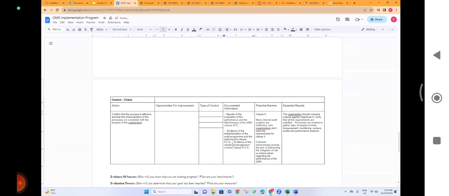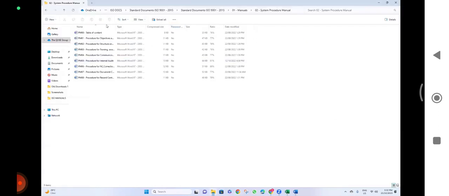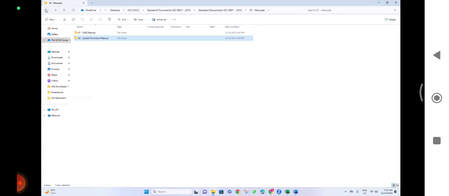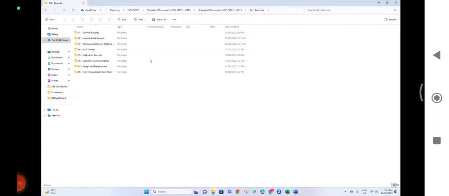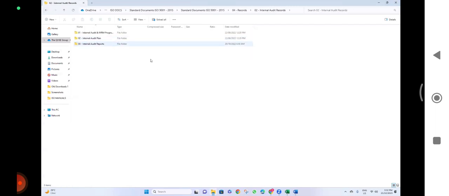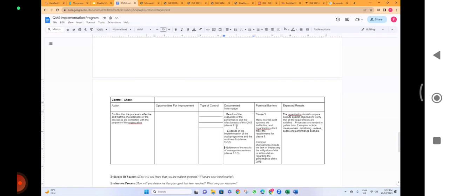As you can see, for results of performance evaluation, you come to these documents, and then you go to records, and you can see these are the internal audit plan, internal audit reports, and the internal audit and management programs. These are basically the same as these ones right here.